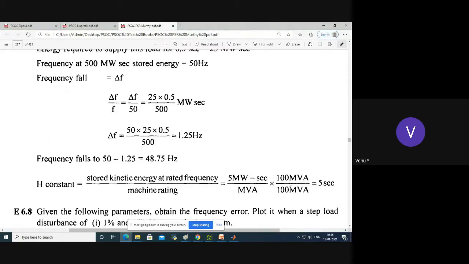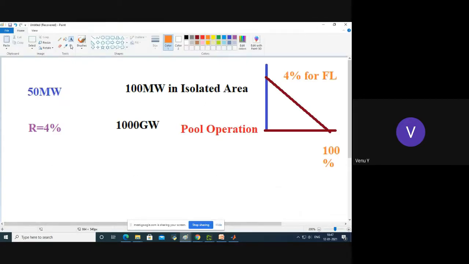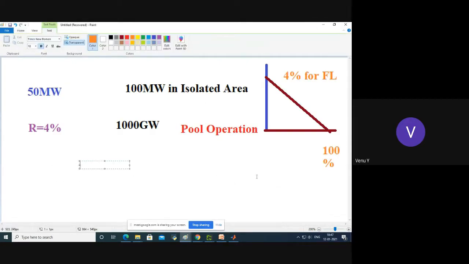2H is equal to the time constant, that is the M, or T suffix M. The time constant T suffix M is generally equal to 2 into H, measured in seconds.